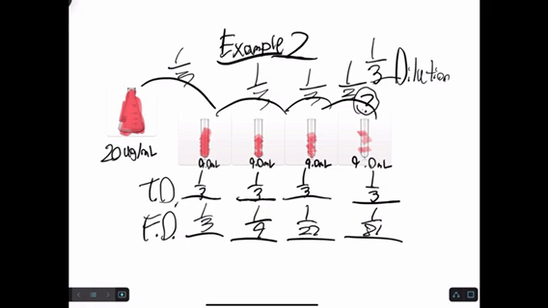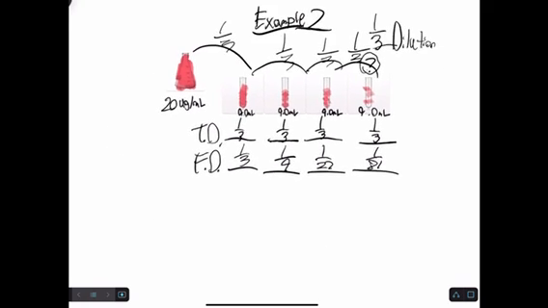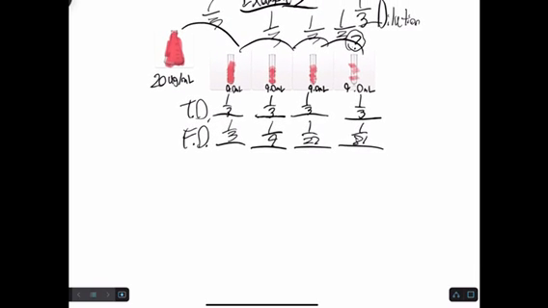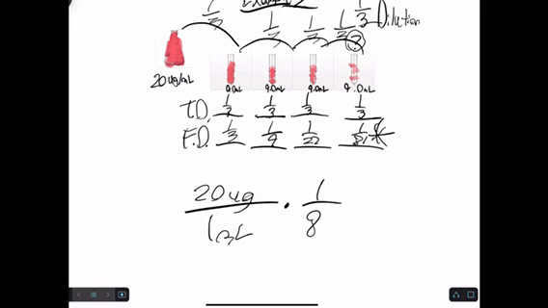Okay, so if we need to find 20 micrograms per 1 milliliter, we would need to multiply this by our concentration here. So 1/81.